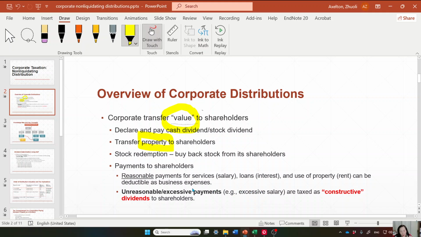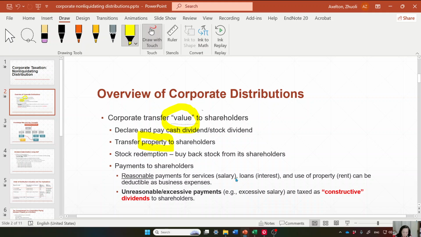Still, the initial transaction is the corporation transferring some value to the shareholders, for some reason. In this case, it's for payments for services, in the form of salary or loans.